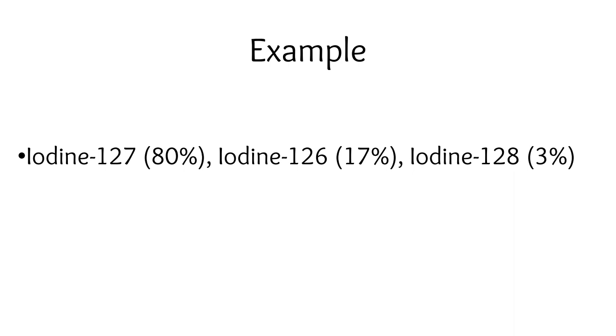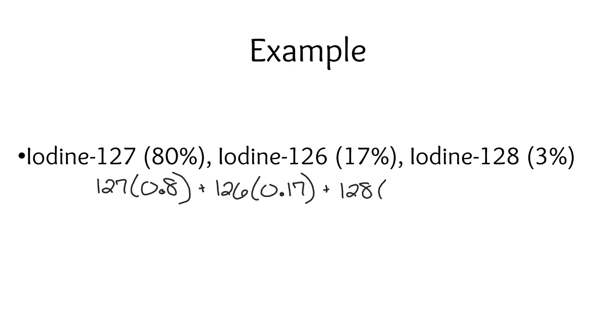But when we do math, we don't want to multiply by a percent, so we're going to change that percent into a decimal. The first thing we get is 127 times 0.8, plus 126 times 0.17, plus 128 times, because that's only 3%, 0.03. And that sets up the first part of our problem.